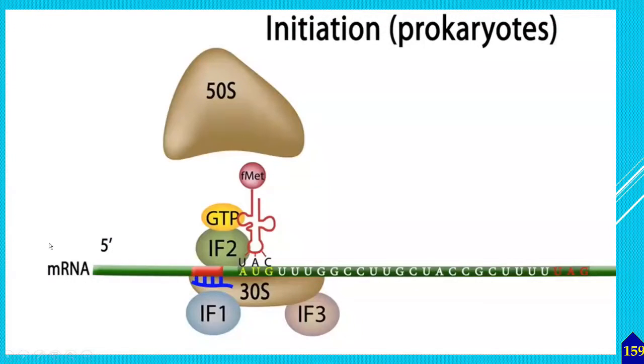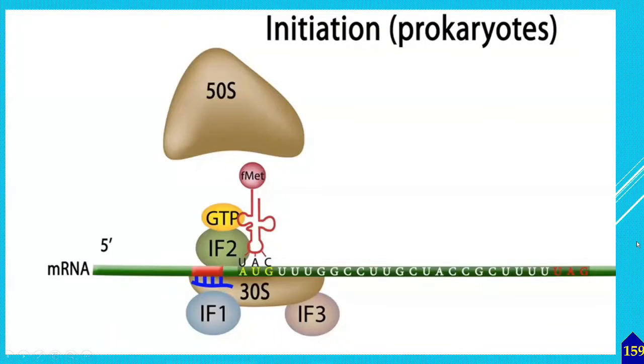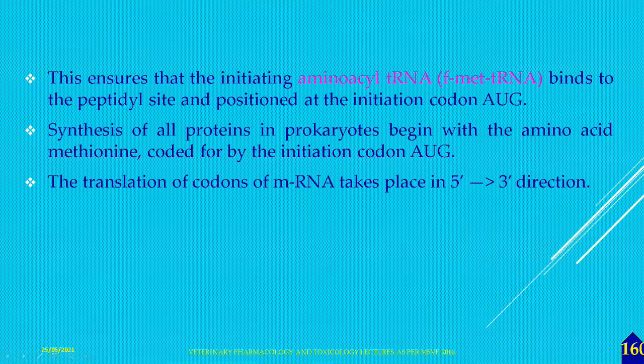So the methionine is the first amino acid, and then it is followed by the different amino acids. The translocation of the codons of mRNA takes place in the 5 to 3 direction, like this is the 5 end, whereas this end is the 3 end.